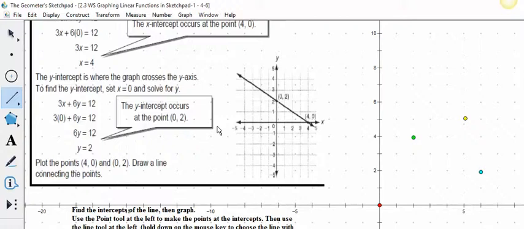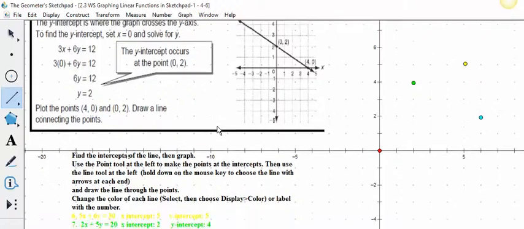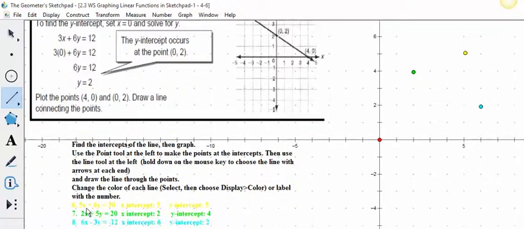Okay, so let's look at number 1 here. Number 1 says 5x plus 6y equals 30. So you're going to plug in 0 for y and then see what you get for x. I think I'll use the marker tool rather than try to type all this. So I'm going to let y be 0.